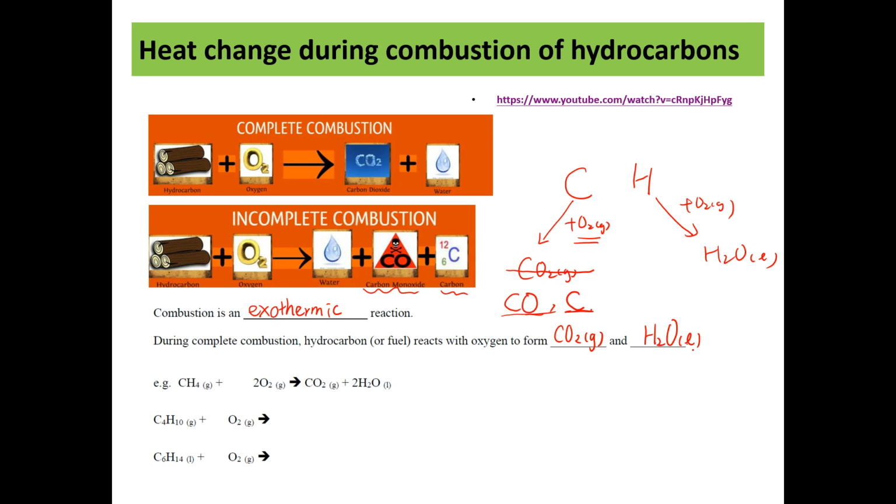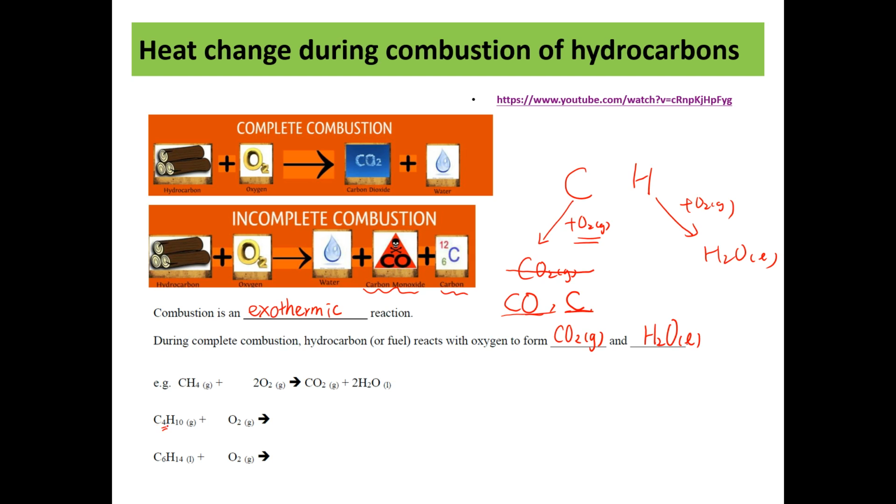Now let's have a look at how to balance combustion equations under complete combustion. For example, it's a bit difficult, so please use your pencil because we may need to change your answer later on. You may not be able to get the final answer in one step. For this one, just ignore how to name it. It is actually called butane, but at this moment, the naming is not important.